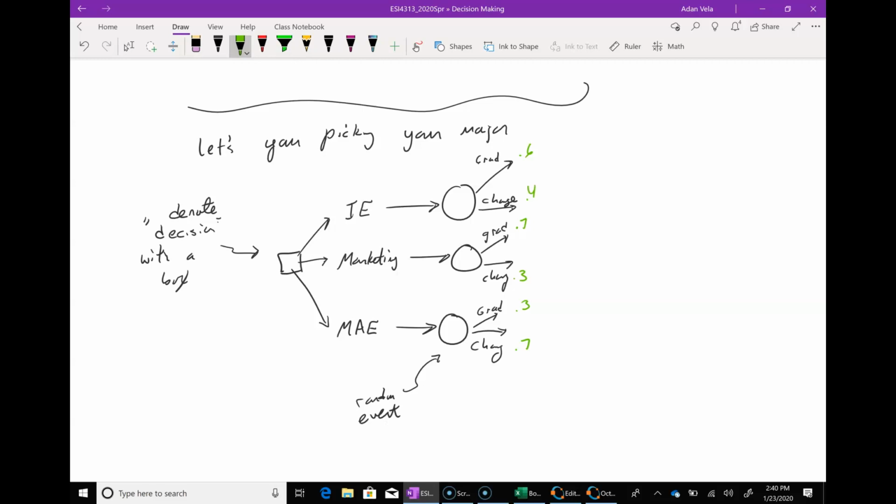Okay, so I'm just going to do this for one case, but all these guys can make a decision on what major to change to. So what does IE go to normally? Business? Is there another major? CS? I'm sure very few people do that. But let's pretend, right? What do marketing people do?